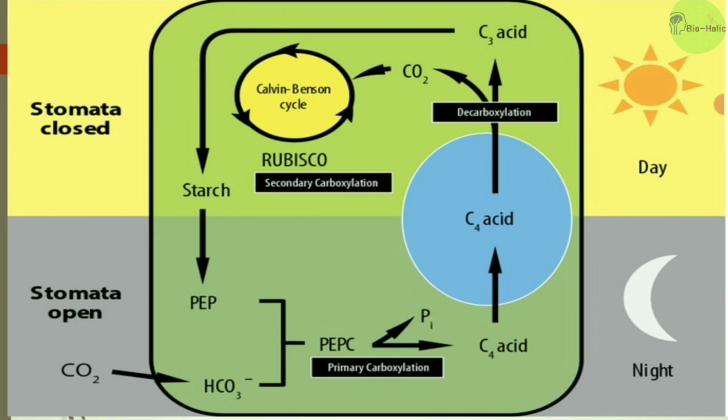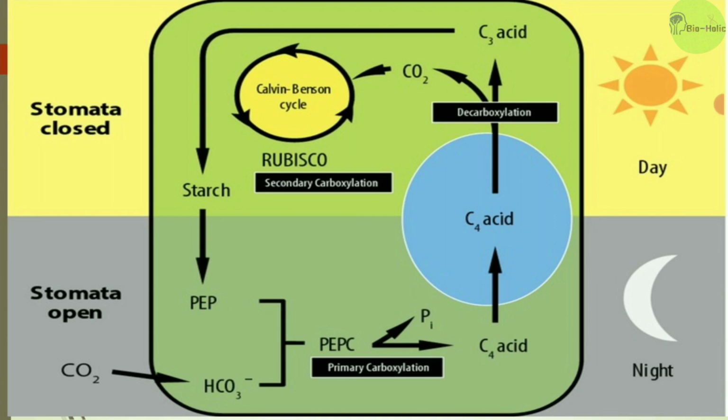So CAM plants' photosynthesis has two phases. One takes place during the day and another occurs during the night. At first, at night, when they open their stomata, carbon dioxide can enter the cell, and same as the C4 pathway, malic acid is formed, but in this case, the malic acid is stored in the vacuoles until sunrise.